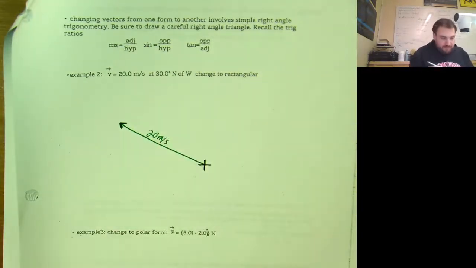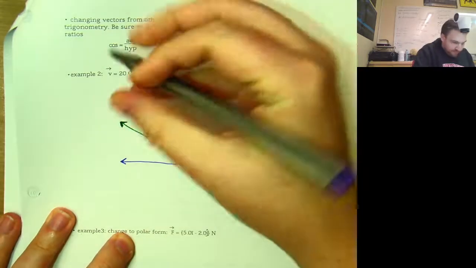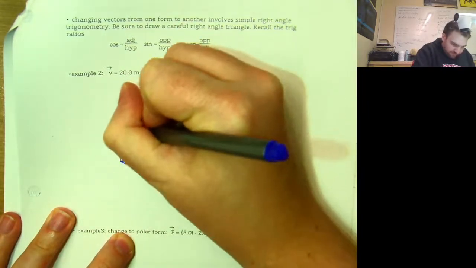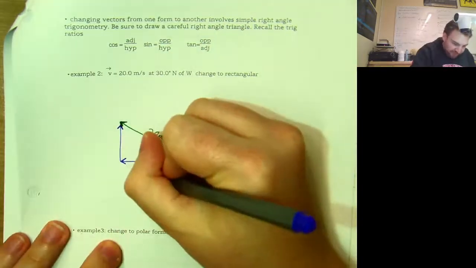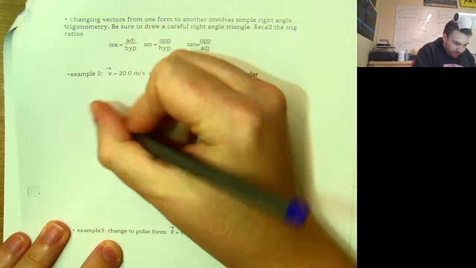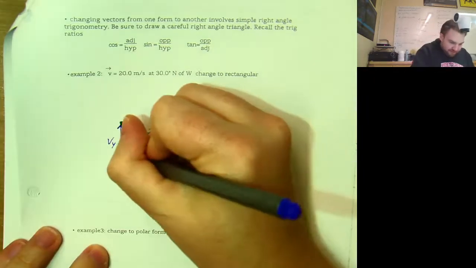So I want to break this thing up into coordinates. What you guys were probably doing last year is you called this thing Vx, you called this thing over here Vy. So this is my right angle there.